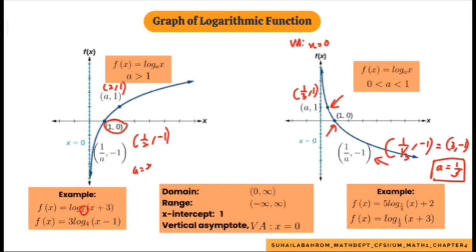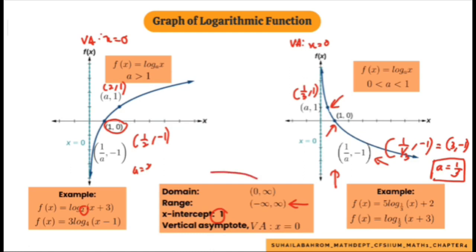So this is the vertical asymptote, and this one also has a vertical asymptote on the line x is equivalent to 0. Therefore, for the range, we have to look from bottom to top. So from negative infinity to infinity, with the x-intercept equivalent to 1.